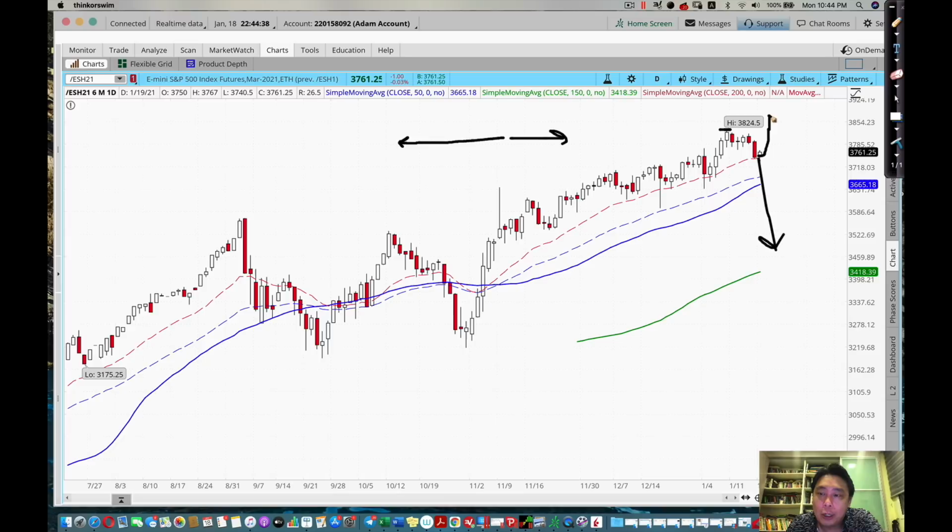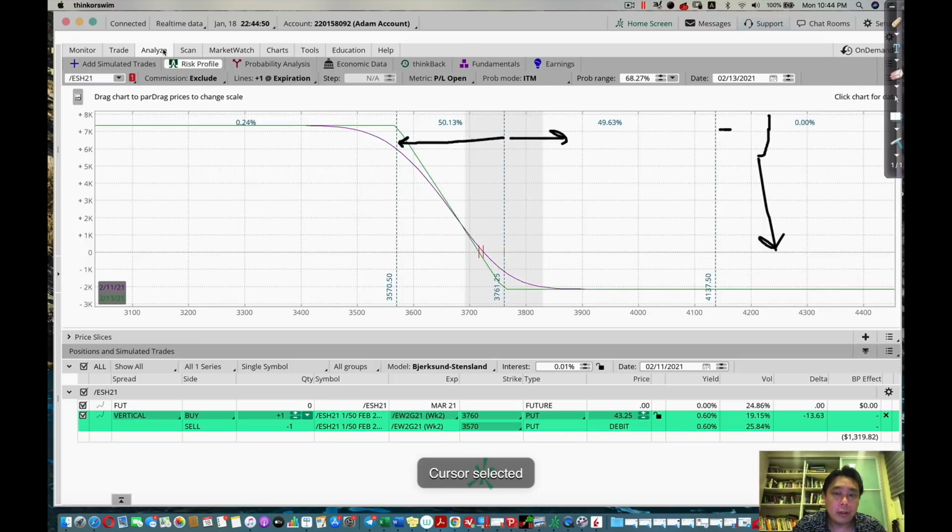So if the market goes above the previous swing high to say 3830, I'll cut my loss. So 3830 would be somewhere there. If the market goes up to 3830, I will get out.